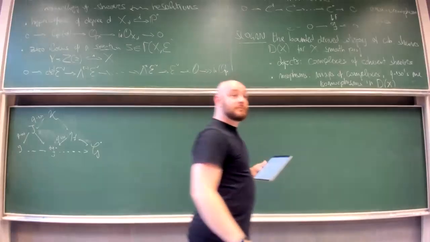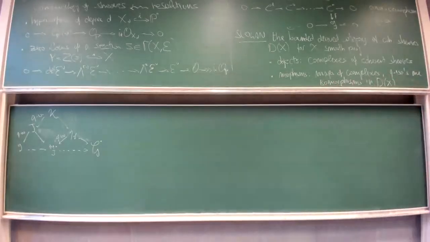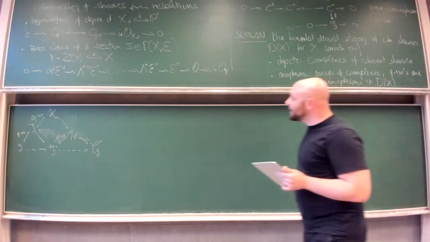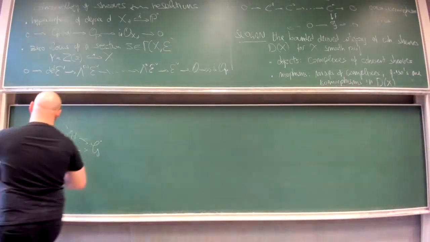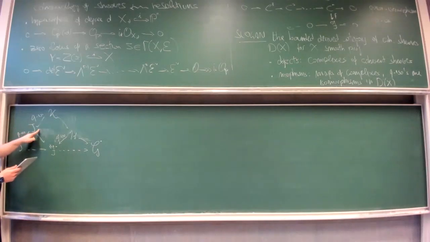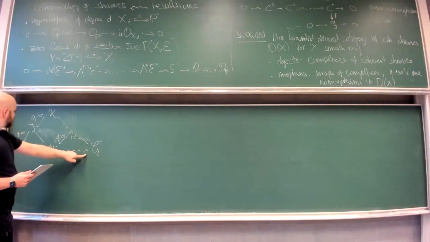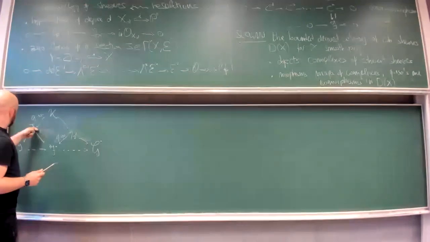Yeah, but is it necessary to impose that you can complete the big triangle? Can you not just say, okay, a morphism is a zigzag of arbitrary length? A zigzag like that. Well, if you do that, then you need to have... So this has a morphism to this, so it needs that.